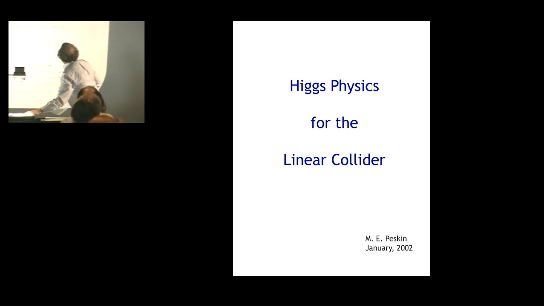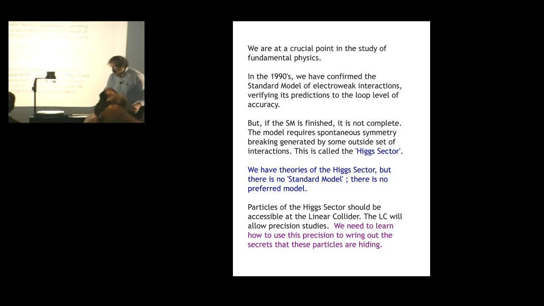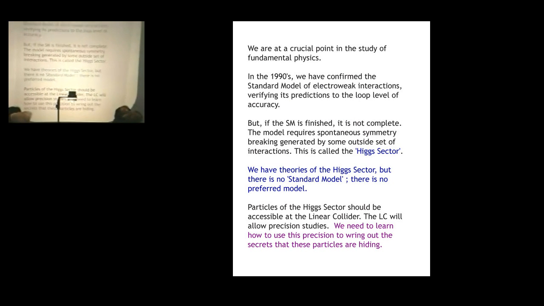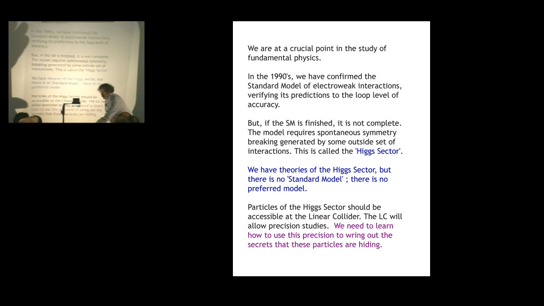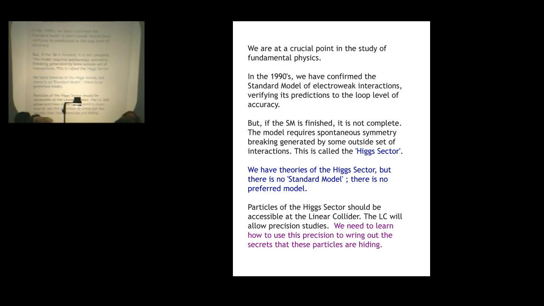And I think there are very good reasons for that, which I'd just like to summarize on this slide. I think at the moment we're at a crucial point in the study of fundamental physics. In the 1990s, we confirmed the standard model, the SU(2) cross U(1) cross SU(3) gauge theory of strong, weak, and electromagnetic interactions.